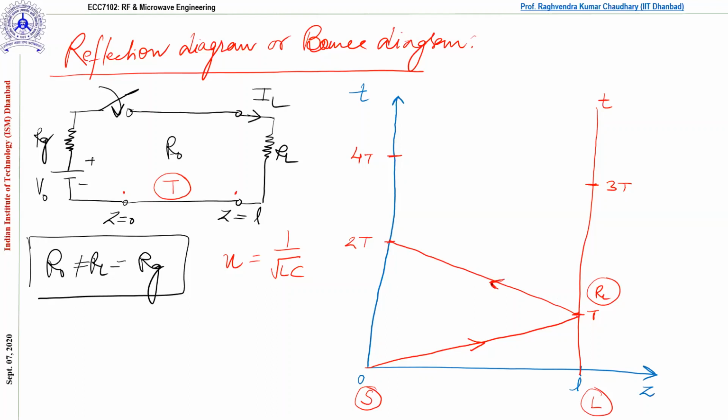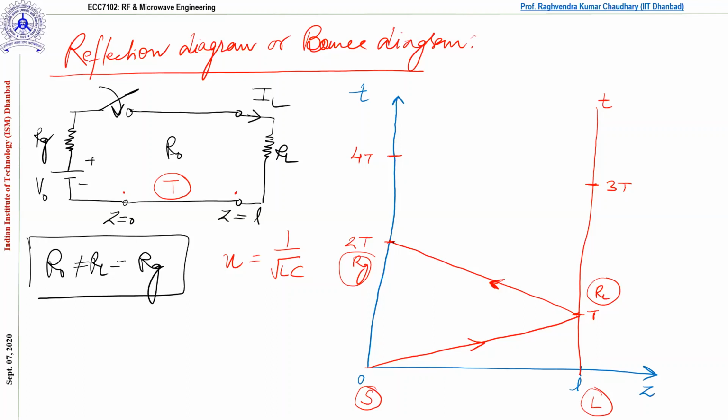I hope you are getting this. This is not a very tedious thing, but we just need to visualize it. I'll let you know why we are doing this: because we have to find the voltage distribution at any specific time, or at any location over the transmission line. Now what will happen when it reaches the source side? It finds that RG is there. Again, there is an impedance mismatch, and it will reflect back.